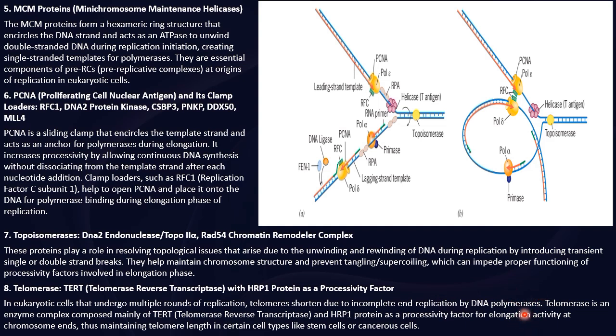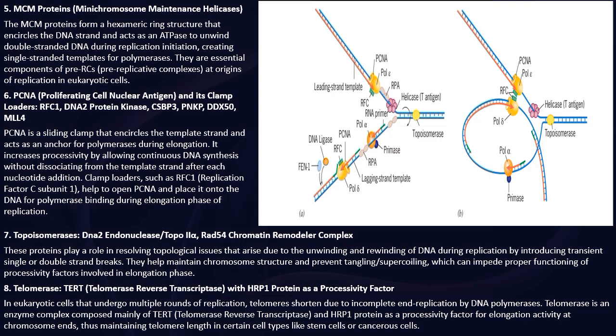We will talk about this particular point in detail in an upcoming slide on the topic of the end replication problem. So, for now, just remember this point. Telomerase is an enzyme complex composed mainly of TERT and HRP1 protein as a processivity factor for elongation activity at the chromosome end, thus maintaining telomere length in certain cell types like stem cells or cancerous cells. We'll discuss this point in detail.